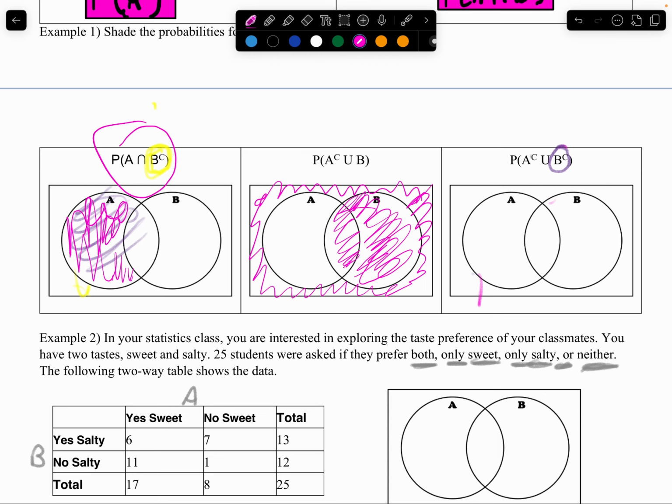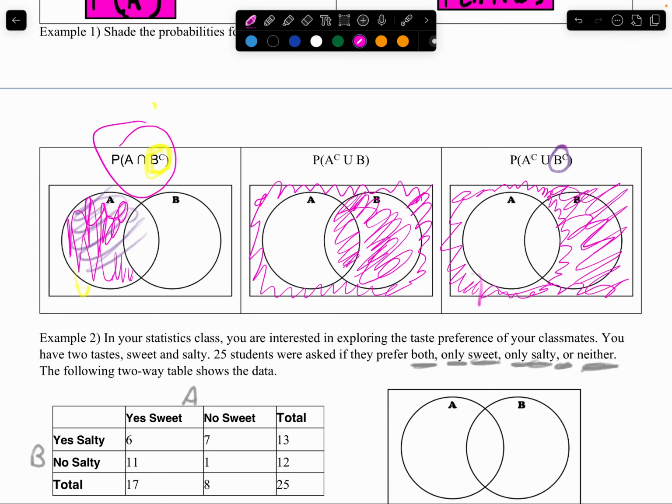That is not A or B. Again, not A is out here, and everywhere in the B circle that isn't in the A circle. Or not B. Let's find where not B is.